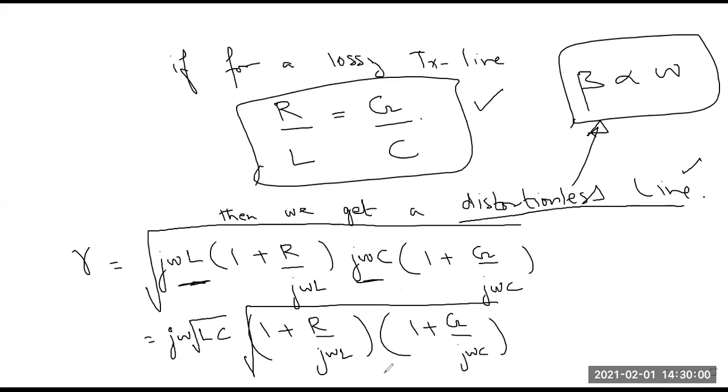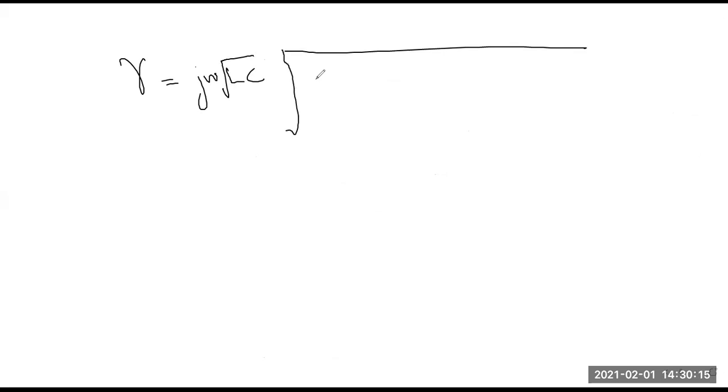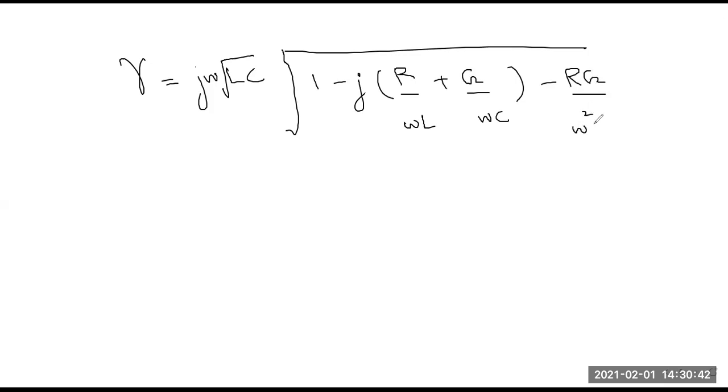Then you can multiply these two complex numbers together. So the propagation constant will be equal to j omega times the square root of LC, and inside the root we will get 1 minus j R divided by omega L plus G divided by omega C, minus RG divided by omega square LC.